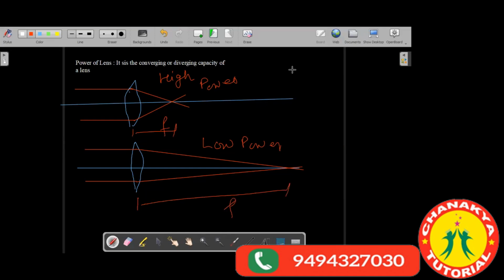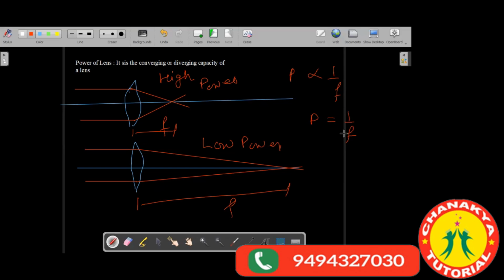So can I say that power is inversely proportional to focal length? Yes, the power is inversely proportional to the focal length. So I can write power is equal to 1 by f. This is the formula for power.